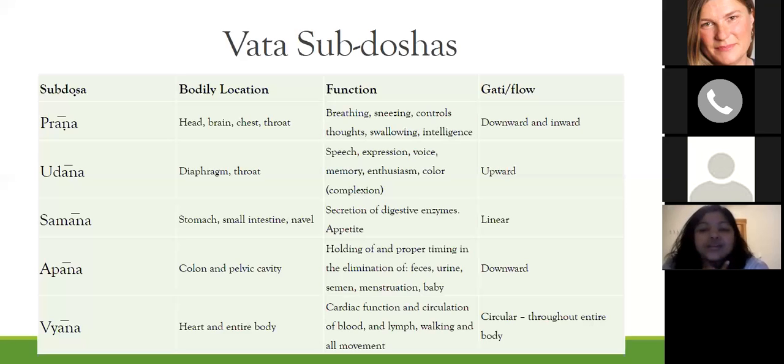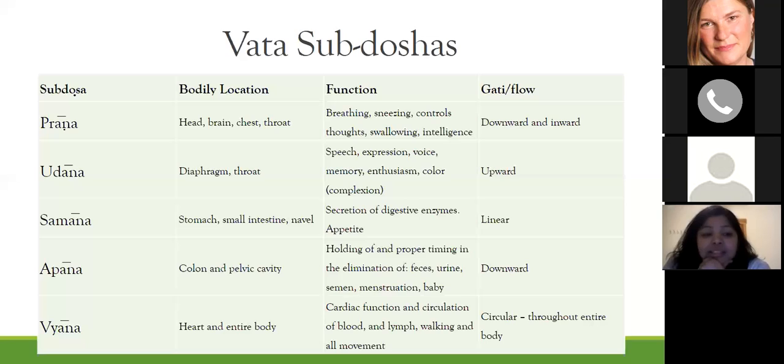Okay? So the flow or the movement of the prana vata is downwards and inwards. For instance, when we're inhaling, it moves inwards and downwards. Okay, so that is the actual natural flow, or gati. Gati means flow or movement of the prana vata.